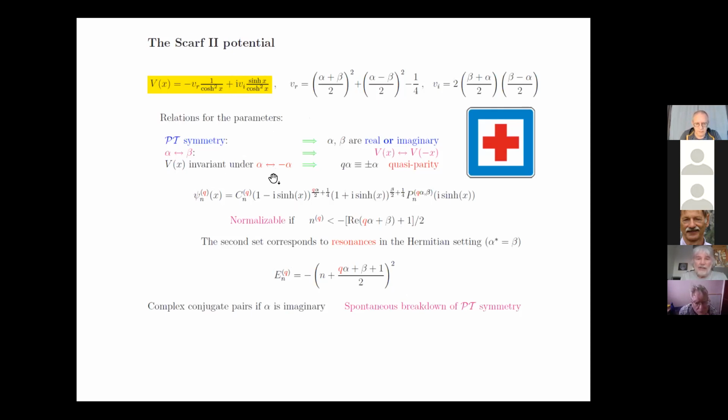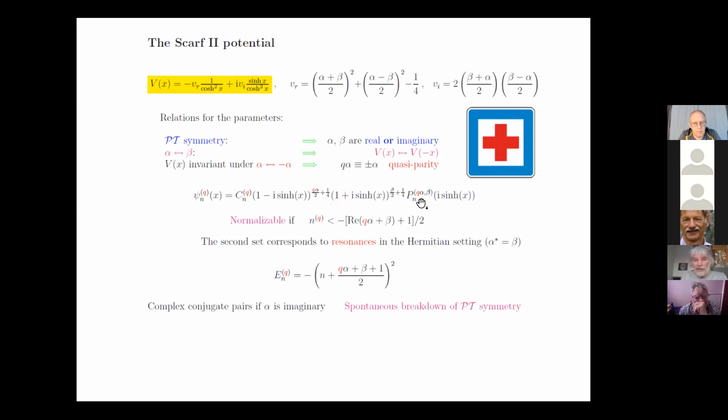And there is an interesting quantity called quasi-parity, which can be put into the formulas as a sign of the parameter alpha. If you replace alpha with minus alpha, everything here remains the same. So the potential remains the same, but the wave functions will change.